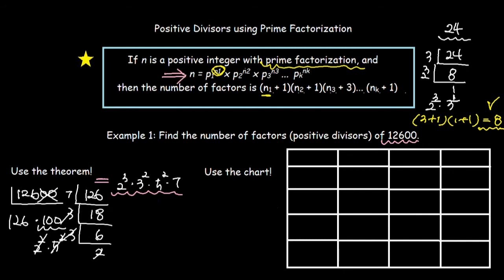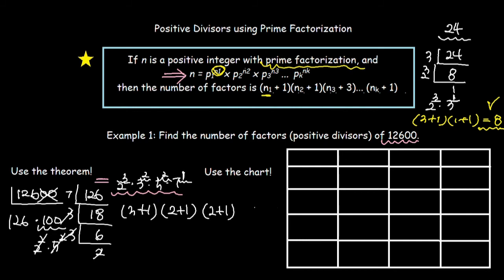Okay? And let's use the theorem again, this part of the theorem, to find out how many positive factors this number has. What are we supposed to do? We're simply supposed to take the powers here and add 1 to it. Same thing here for 2. We have another 2 for 5. And then finally, remember that there's an imaginary 1. Don't put 0, because that's going to be wrong.